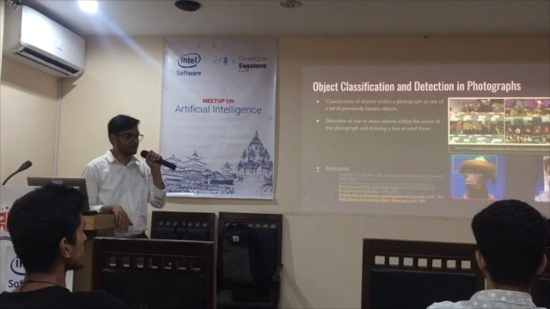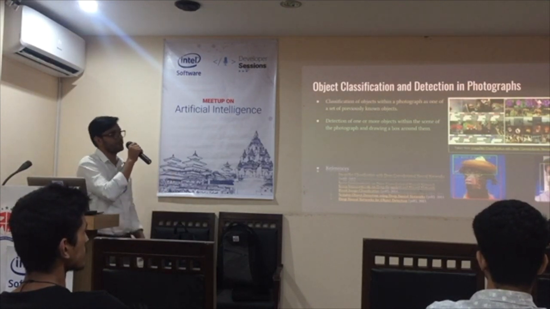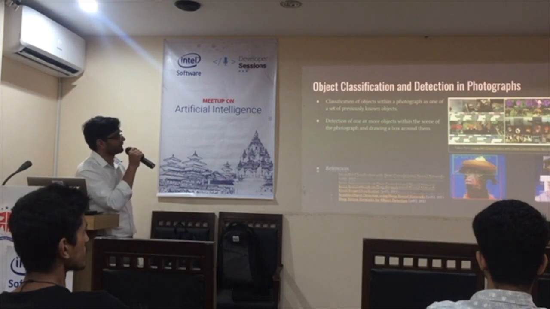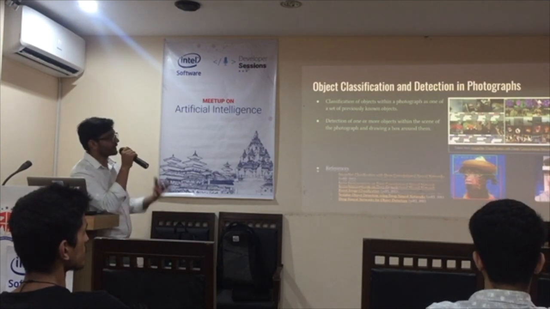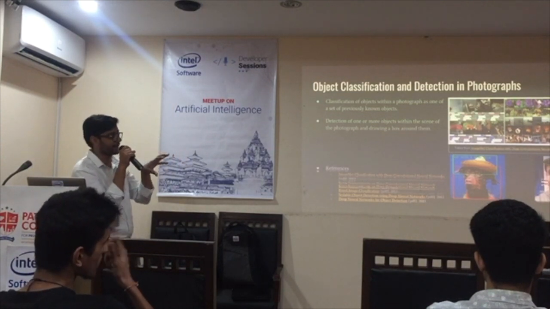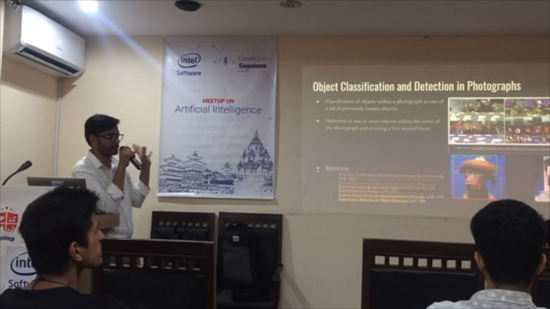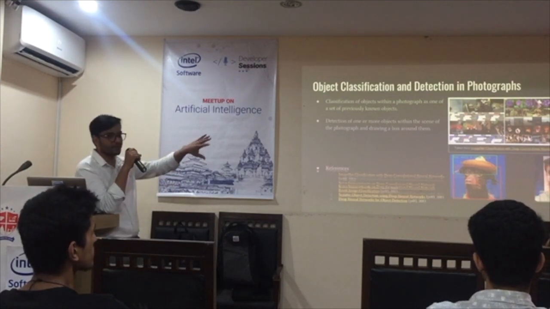A very complex problem of AI that is solved very well by deep learning is object classification and detection in photographs. Here the task is classifying the object in the photograph, but that classification is done based on previously known objects, and that is one of the problems.